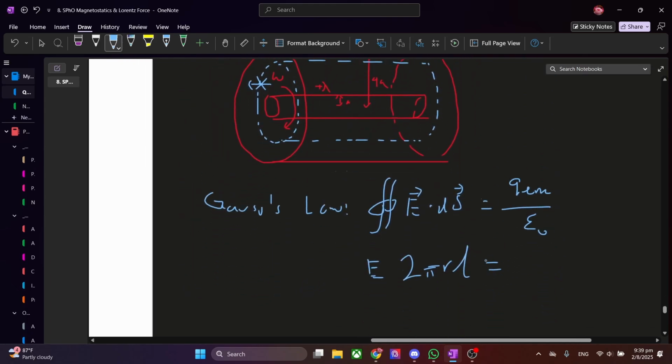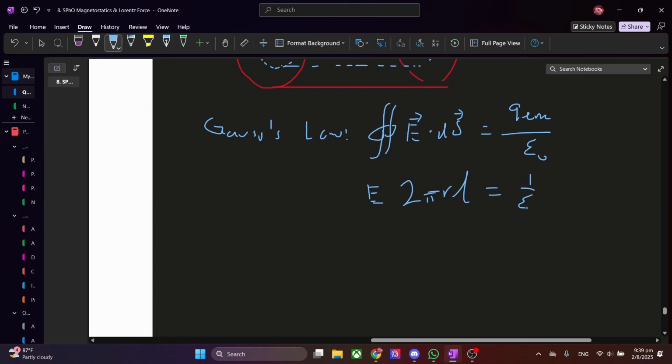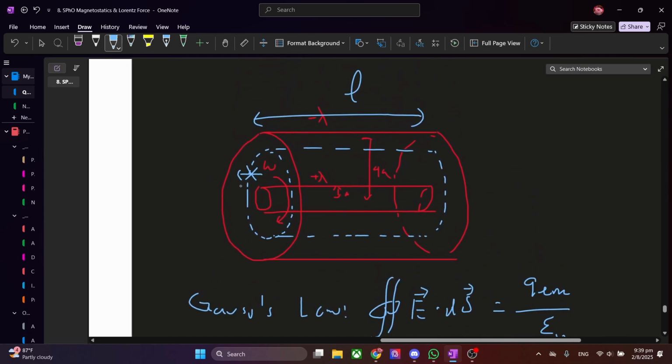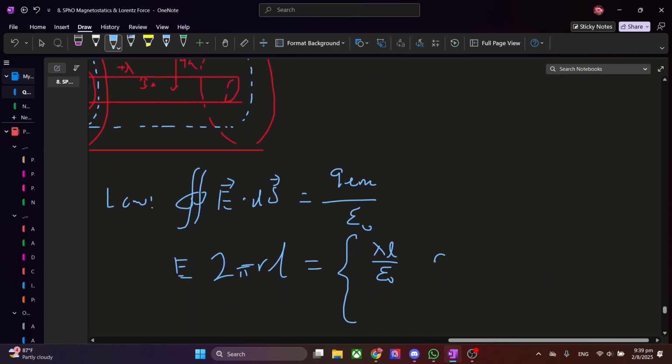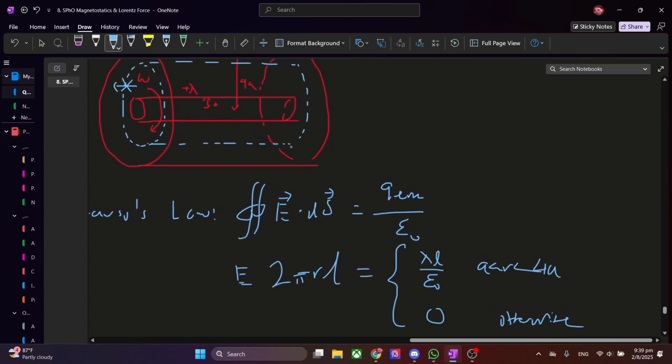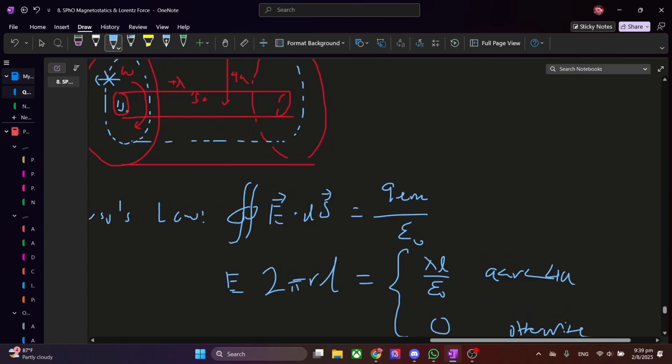Q enclosed over epsilon naught depends on your setup, so it depends on your radius. So this is actually by cases. It is lambda L over epsilon naught in the case that the radius is in between a and 4a, and it's 0 otherwise, which should be pretty easy to see. If it's inside, you're enclosing nothing.